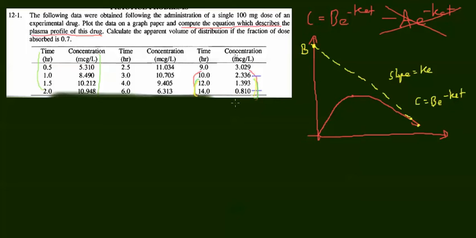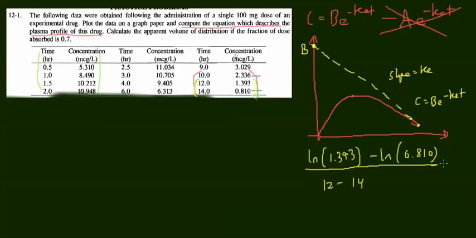Well, you do ln of the concentration, so let's say 1.393 minus ln of another concentration, 1.801, divided by the last 2 points. So we got 12 minus 14, and this gives us KE. And the sign doesn't matter if it's negative or positive. We just want the value. So KE ends up being roughly 0.27 per hour.